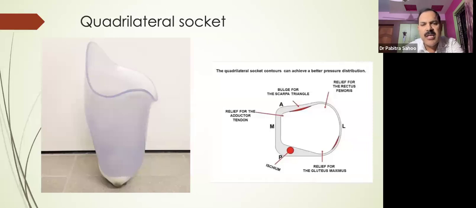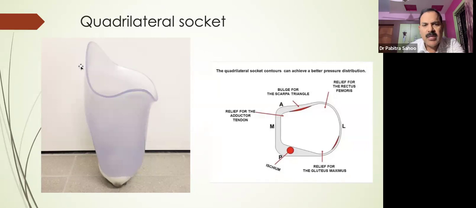If you look at the design of this quadrilateral socket, as the name says, quadrilateral means there are four walls: a medial wall, lateral wall, anterior wall, and posterior wall. If this is the lateral wall, this is the posterior wall, this is the anterior wall, and this is the medial wall.